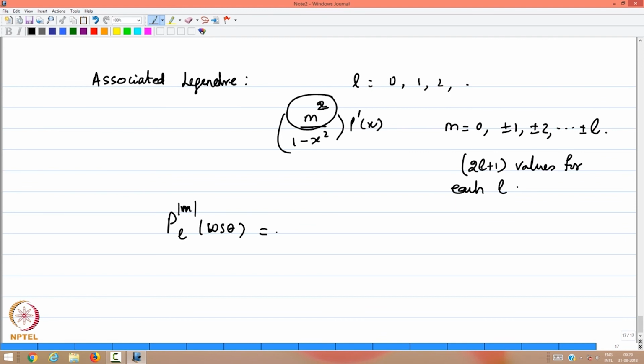Those polynomials are of course now obtained in exactly the same way. Let me just give you the final result, that P_L^m of cos theta are given as follows. Let me write them down for each value of L and m.